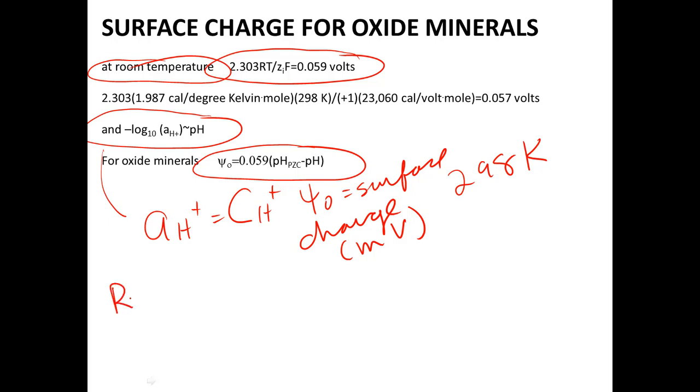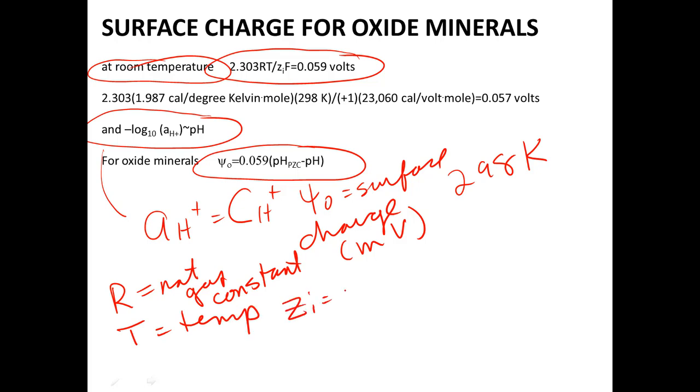Let's break these down for you. R is the natural gas constant, T is temperature, Z sub i is the charge on the ion. In this case, we're interested in hydrogen ion, so Z is equal to 1.